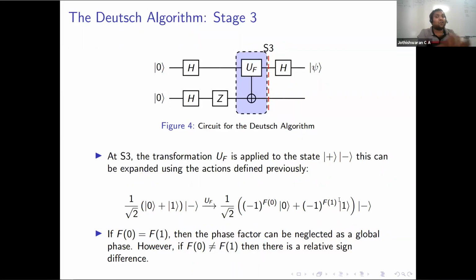This is why I did not neglect the phase factors before, because right now I cannot always remove this as a global phase factor. When f(0) is equal to f(1), then of course the total thing can be neglected as one global phase factor. However, when f(0) is not equal to f(1), one of these will be plus 1 and the other one will be minus 1.